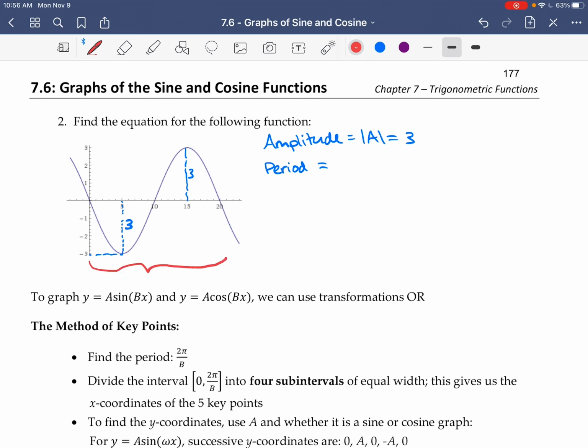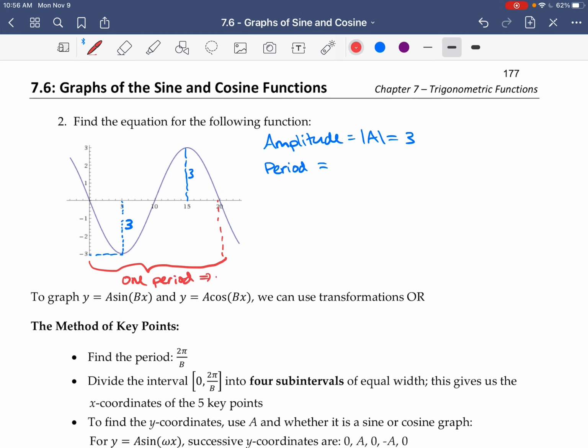So from here to here, that looks like the sine graph, sort of. It goes down and then back up. This is one period, because it's going to repeat again after that.